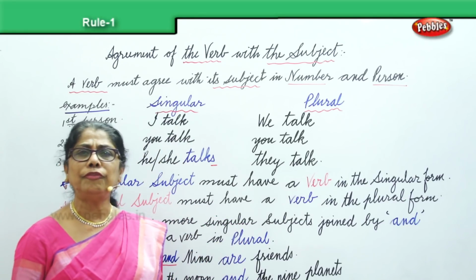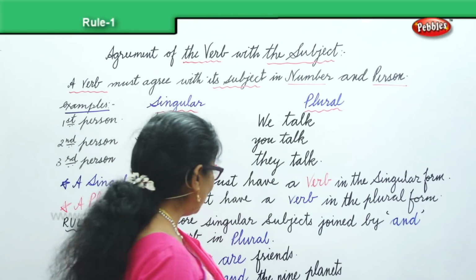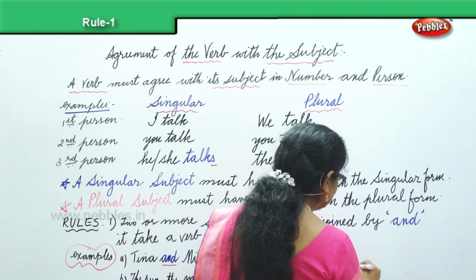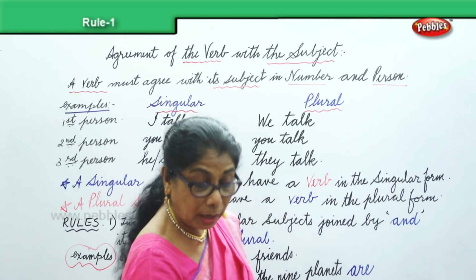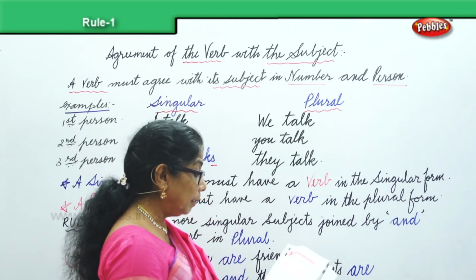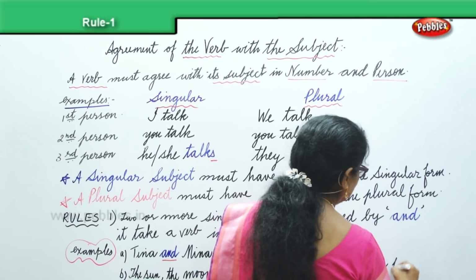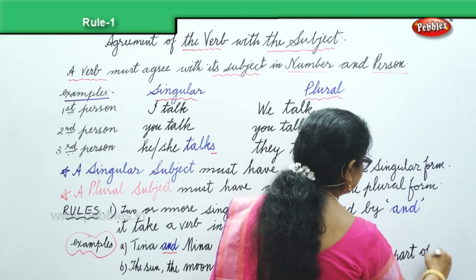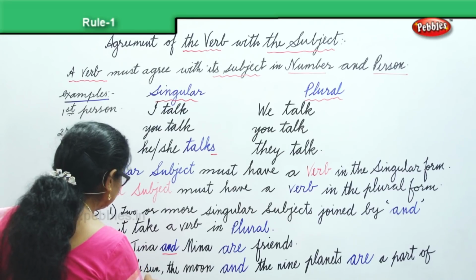It takes the plural form of verb. So what happens? You say are. Planets are. You use the plural verb. Are a part of the solar system.